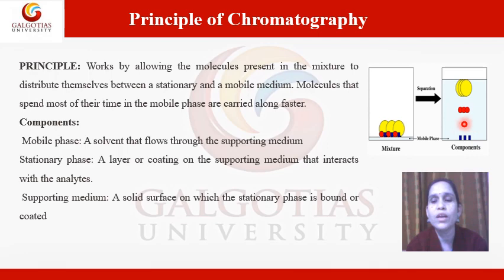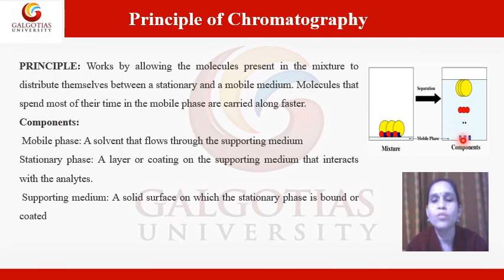If we are taking the stationary phase, the coating material, suppose silicon oxide, it is neutral. So what will happen here? If you take a mixed compound that contains a variety of polar and non-polar compounds, and we take a non-polar solvent, that is, the mobile phase is non-polar, then the non-polar components will move faster and the polar components will move slower.